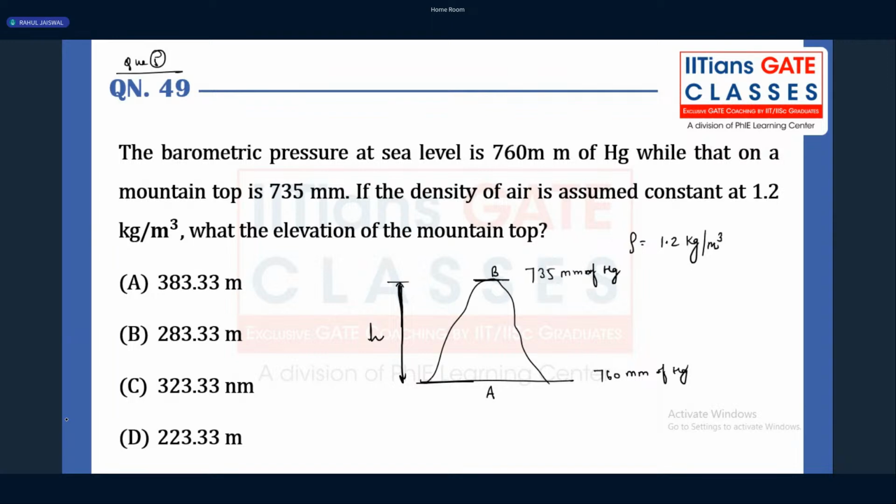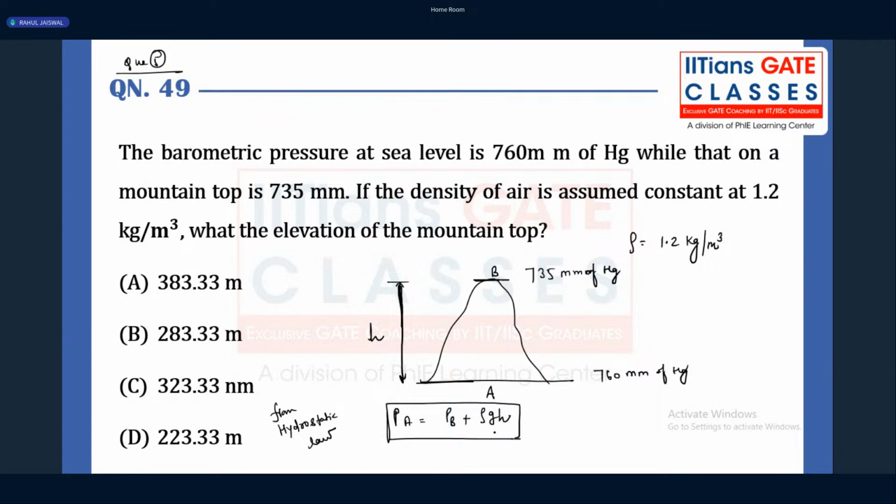Everybody knows from the hydrostatic law that the pressure at a point A must be equal to pressure at a point B plus rho GH.